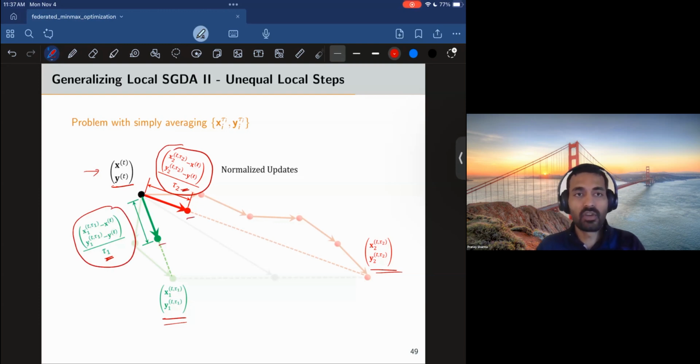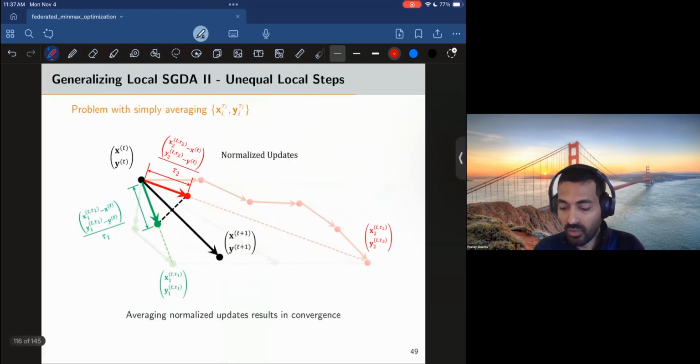And then we average these normalized updates. This is normalized update 1, this is normalized update 2, and we take an average. But then we also scale up this normalized average. So the eventual iterate is actually a scaled-up version.